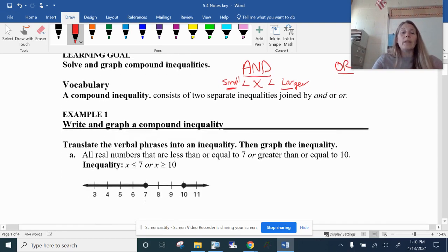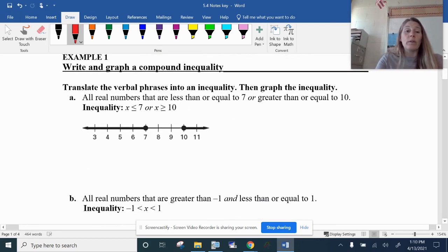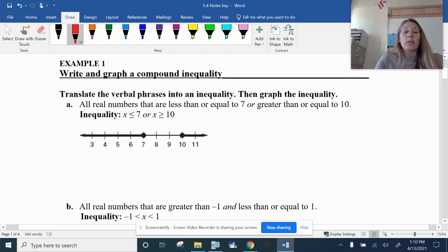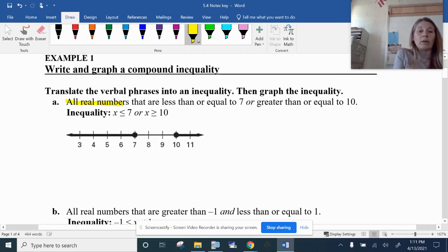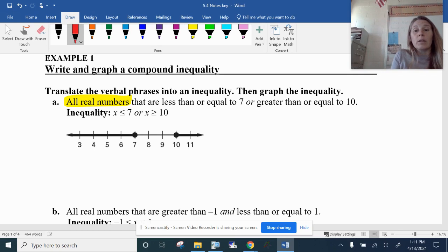So let's write and graph a compound inequality. So if we're looking at this one here, it says all real numbers. So when you see this, that's telling you that's your variable, okay? Because the x is going to represent all the real numbers that are less than or equal to 7.